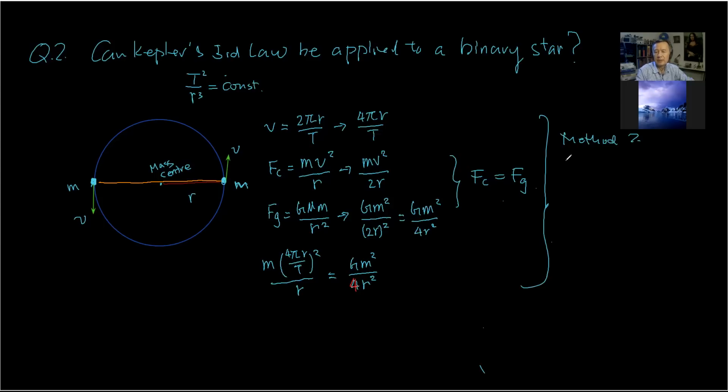Because Fc equals ma, that is Newton's second law, and Fc is given, so Fc is G m squared over (2r) squared, which equals m v squared over r.